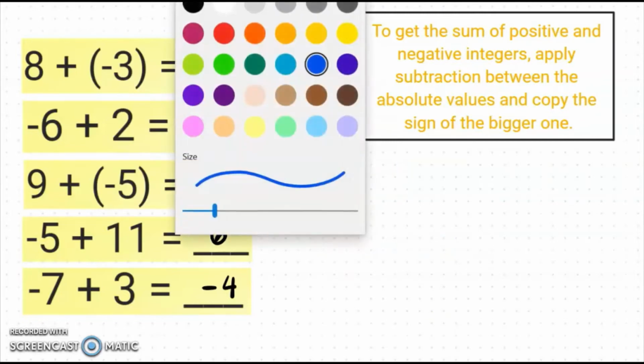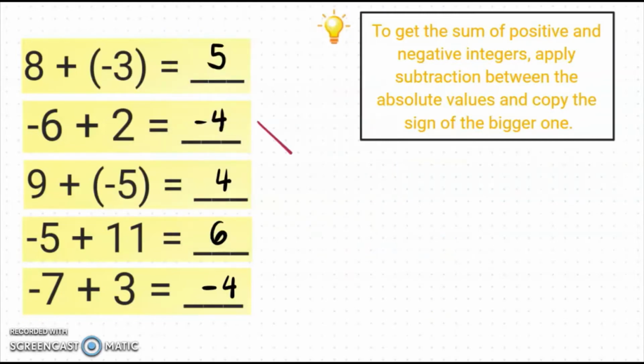Then, for this example number 2, we have negative 6. We are combining it with a positive 2. So again, the signs are different. One is negative, the other one is positive. So let us take their absolute values. We have 6 and 2. So the bigger one, 6, minus the smaller one, 2, is equal to 4, right?